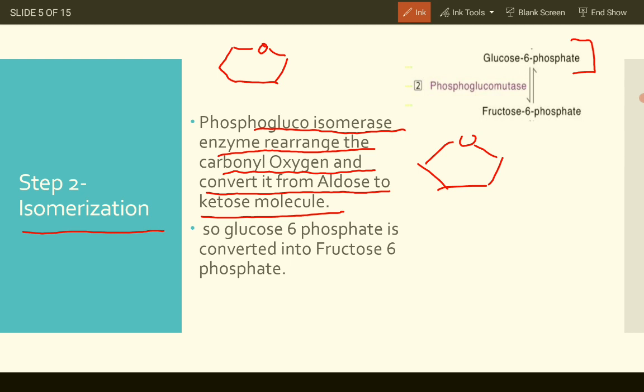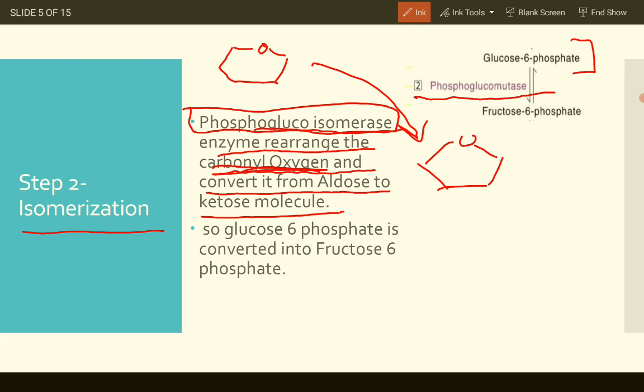So it is converted from an aldose molecule to a ketose molecule. Only the carbonyl oxygen rearrangement occurs, as you can see. So it is a kind of isomerization reaction, and this occurs through the enzyme called phosphoglucoisomerase, same thing, right?